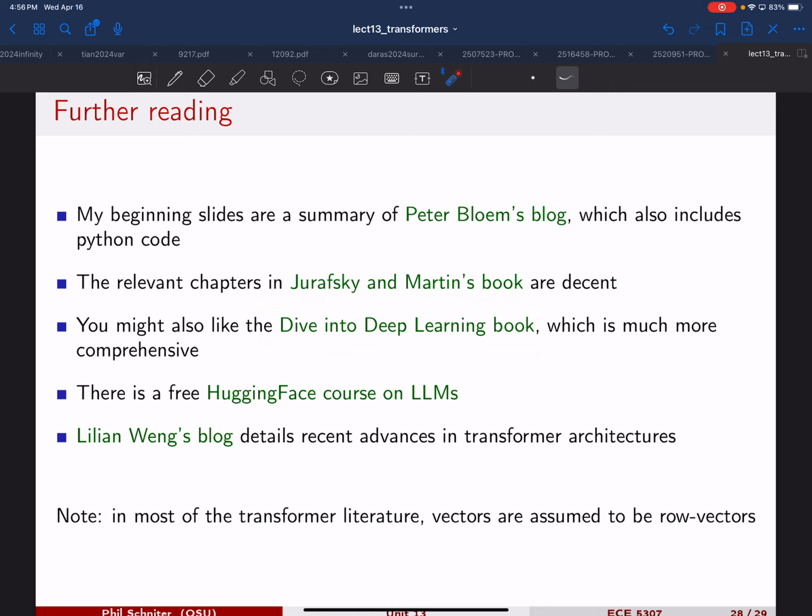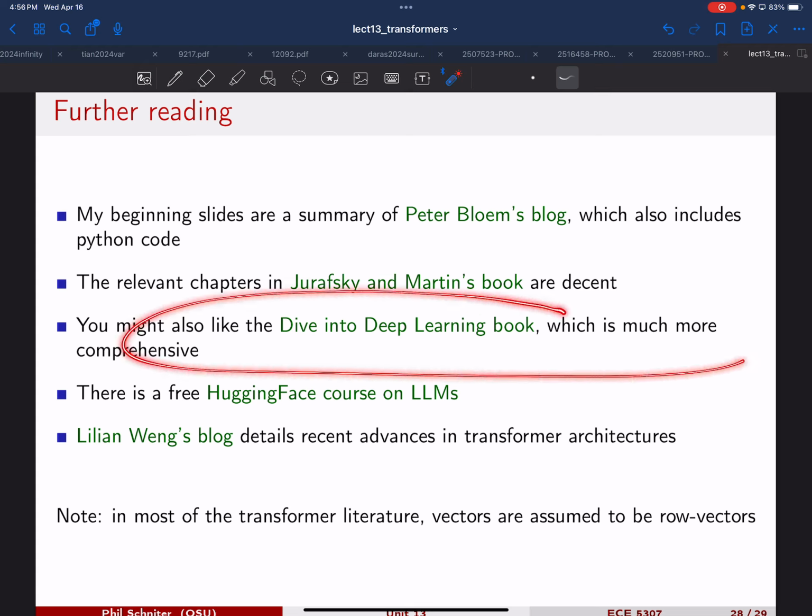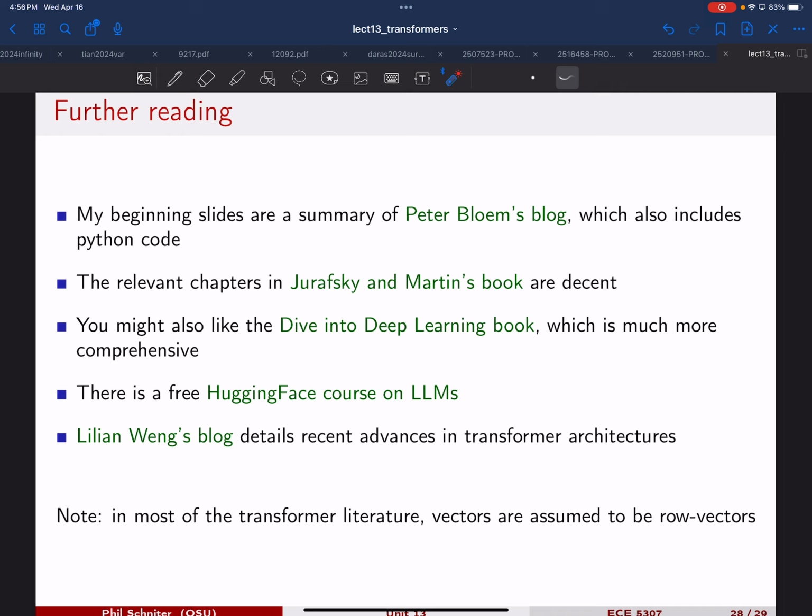Although maybe it's not quite as easy to read, these are all good references. There's a whole free course on Hugging Face on large language models. Looks pretty good. And there's a blog I found that does a really nice job of getting into the details of more recent advances in transformer architectures beyond what I described. These are just a few sources. There's lots of other sources, of course, but I think these are all pretty good.